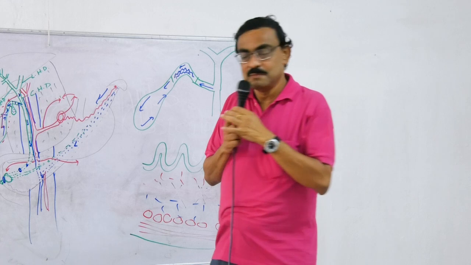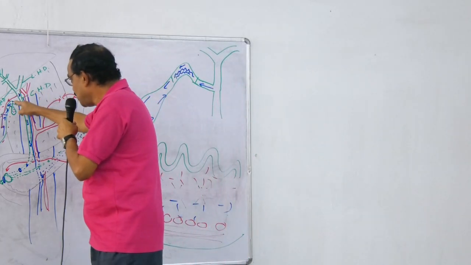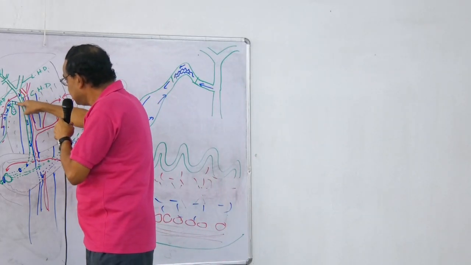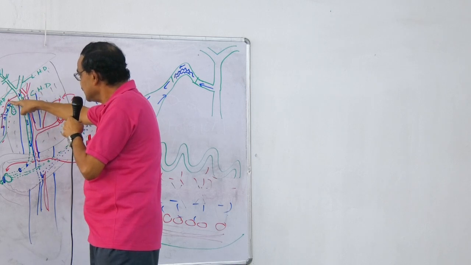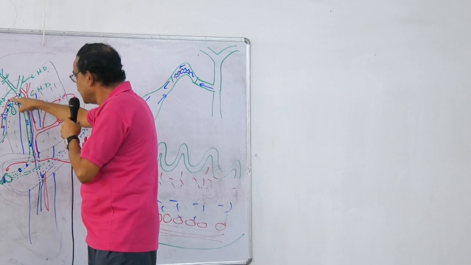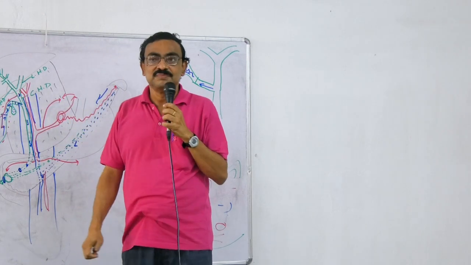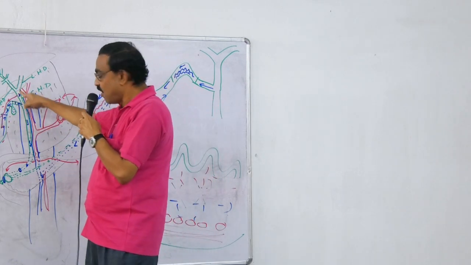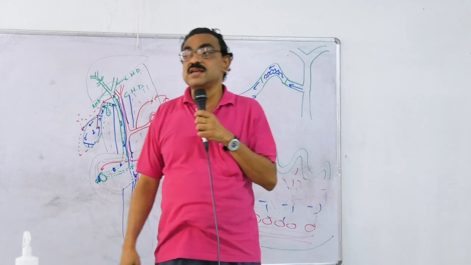But you have to know about this triangle. You can see cystic duct, common hepatic duct, and the cystic artery. This triangle is called Gallbladder triangle.